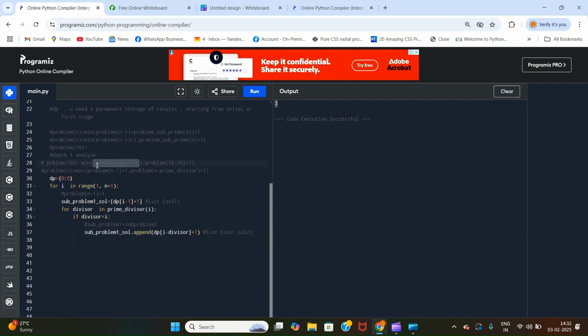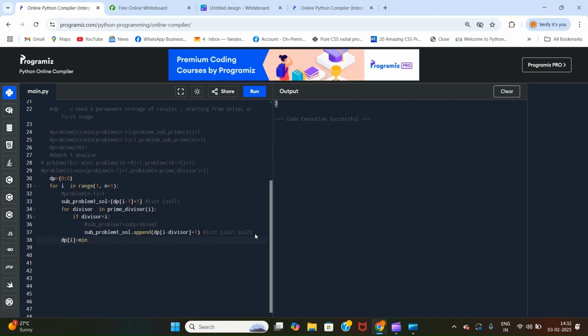This is minimum, this n-1 is minimum, or this prime divisor would be the minimum, whichever will give me the minimum result. Okay, and where do we store it? Inside problem of n, meaning the ith current problem. So that is like dp of i is equal to minimum of the two solutions. And where are the solutions? The solutions are inside this list.